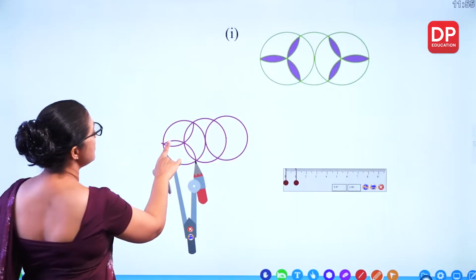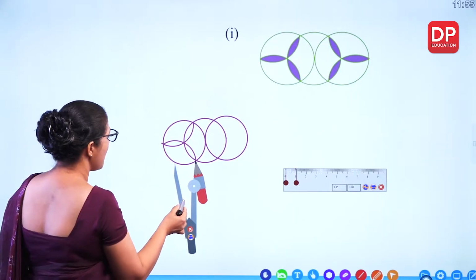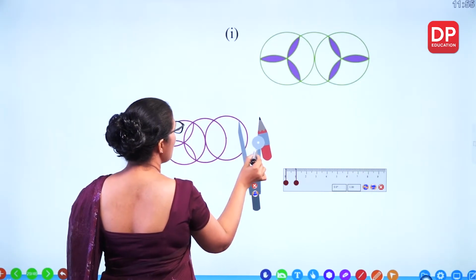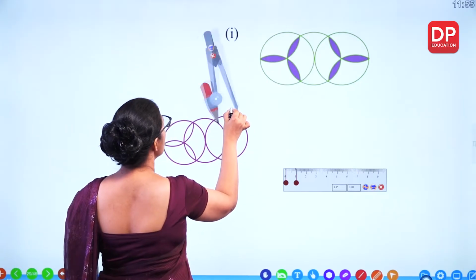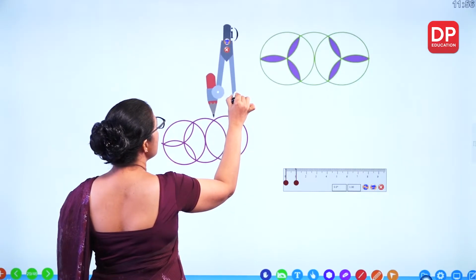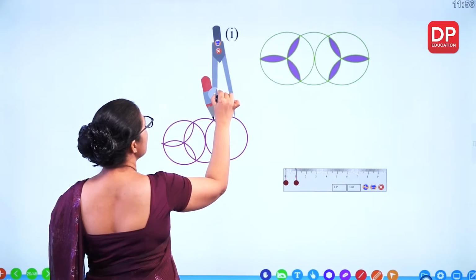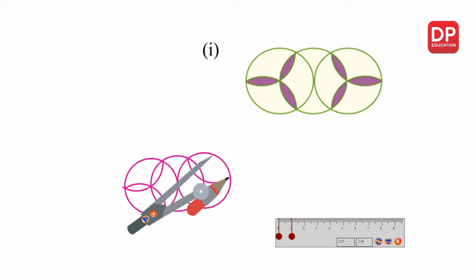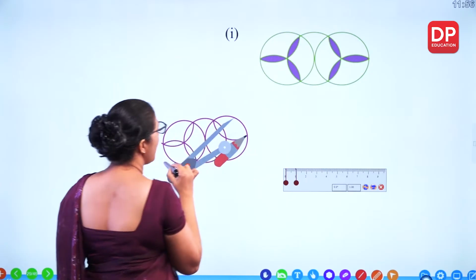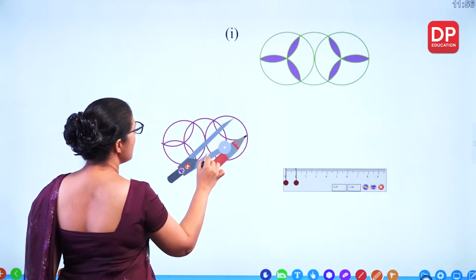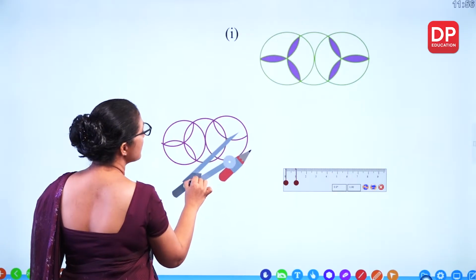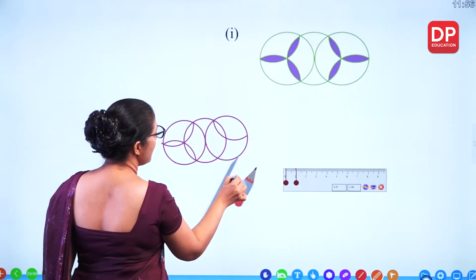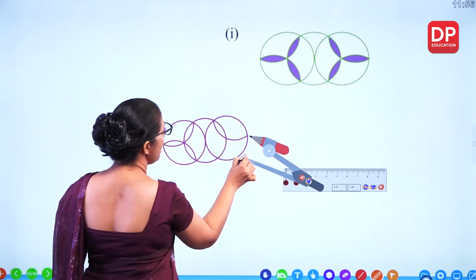Now we did this side. Same thing you have to do to the other side. Keep it somewhere there so that the pencil is on top of this. So you change it here. From here, you can draw the other arc, here up to here. Now, again, you have to draw the other point. So take the compass somewhere here, and the point should be here.